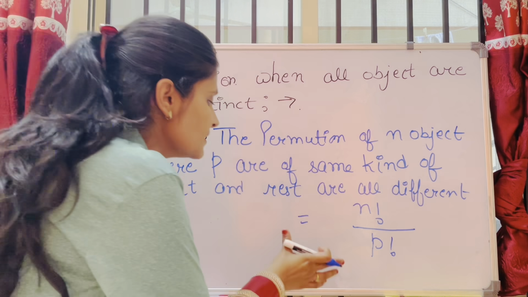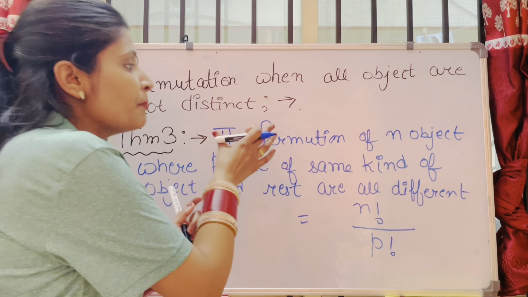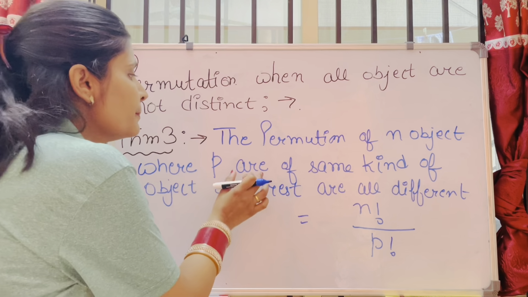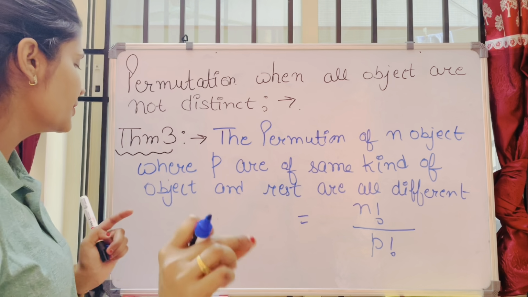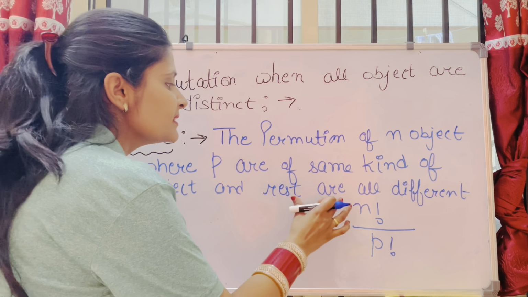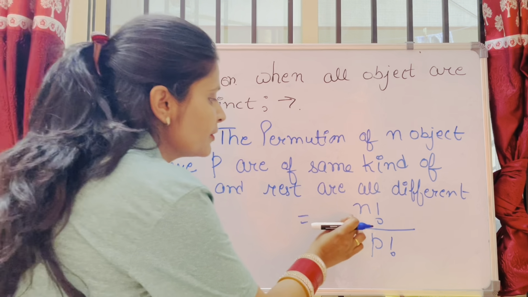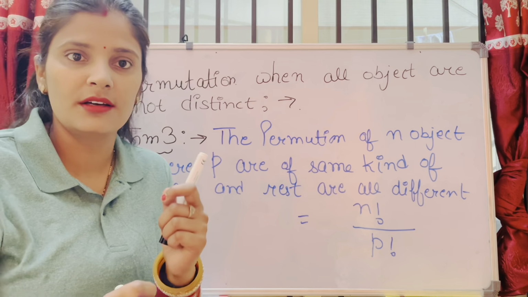So this is our third theorem, that is the permutation of n objects where p are of the same kind of object and the rest are all different, that is equal to n factorial upon p factorial. N factorial means the total number of arrangements, right?